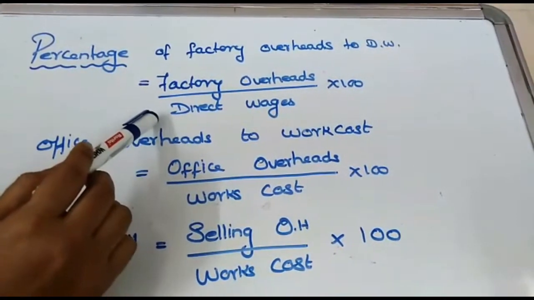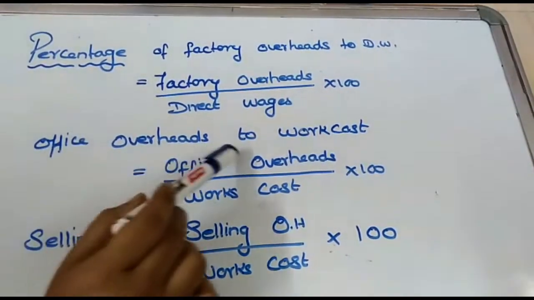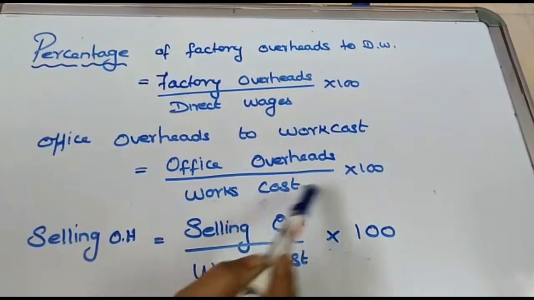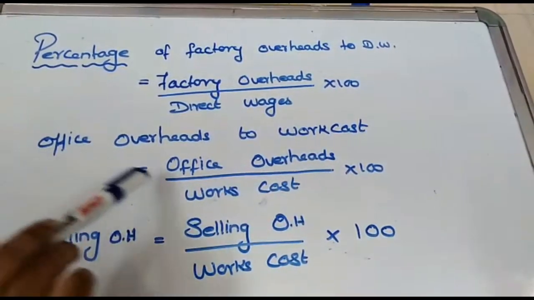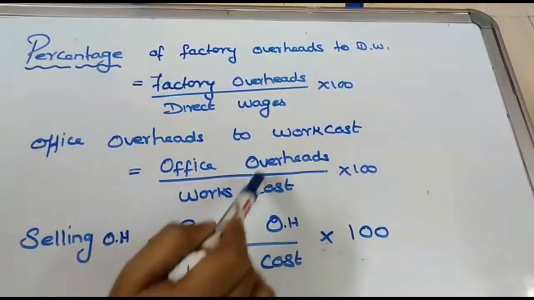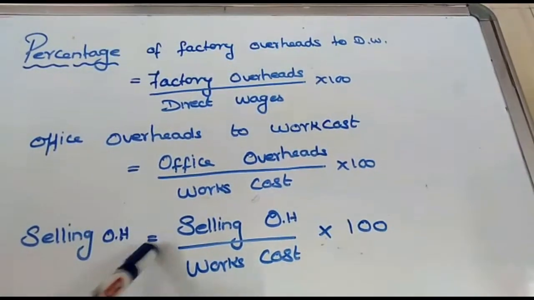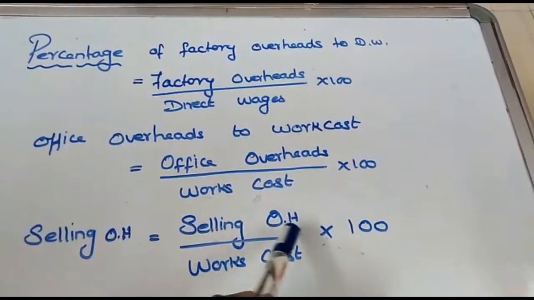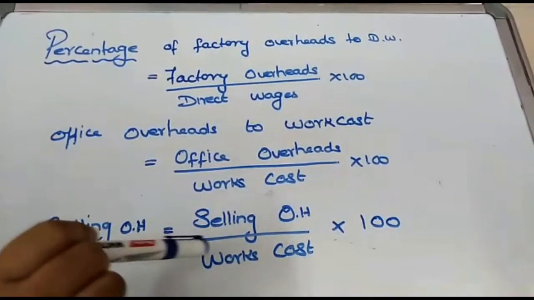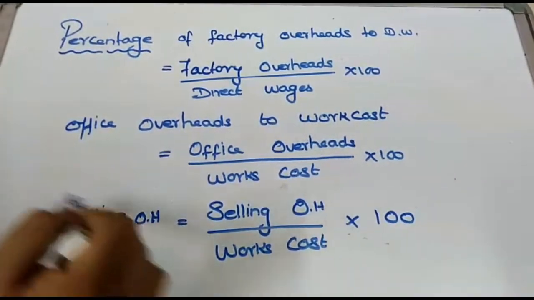Next one is office overheads to work cost: office overheads divided by work cost into 100. And the third one is percentage of selling overhead: selling overhead divided by work cost into 100. By using these formulas we can calculate the percentages asked in the problem.